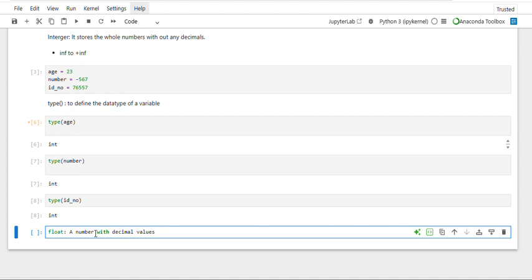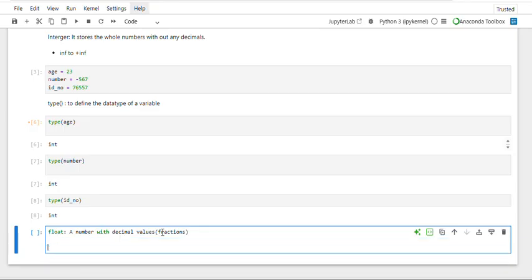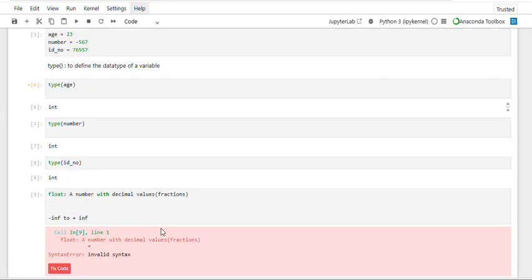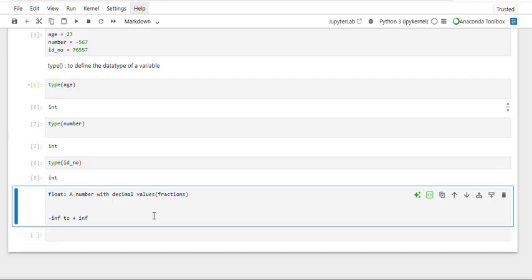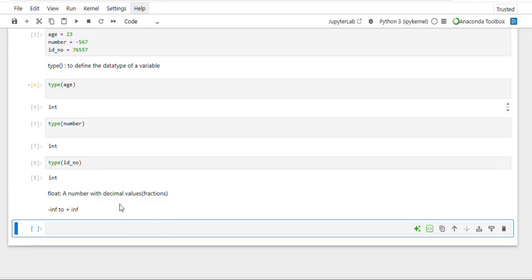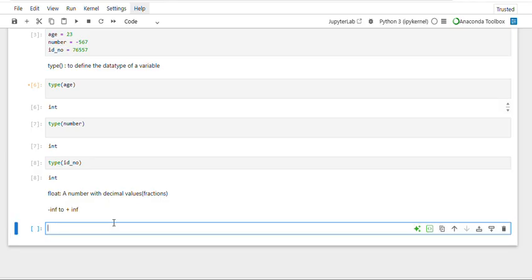Then what is a float number? A float number is a number with decimal values, or we can simply say fractions. It can also contain a number from minus infinity to plus infinity, like minus 5.4, 7.2. So these are numbers that can be stored in decimals.